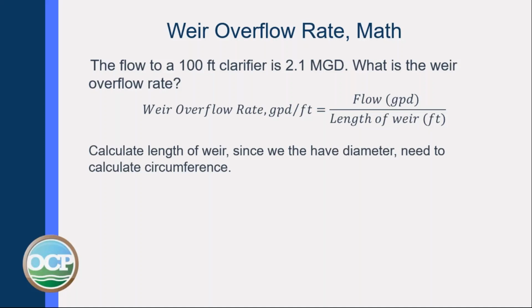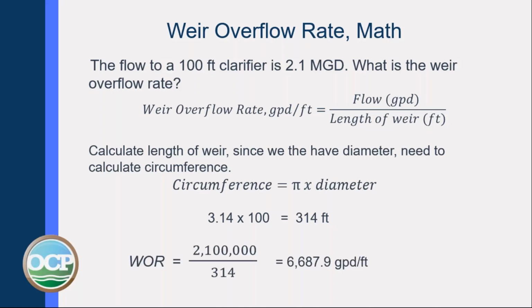Calculate the length of weir. Since we have the diameter, we need to calculate the circumference. Circumference equals pi times diameter in feet. 3.14 times 100 feet means the weir is 314 feet long.